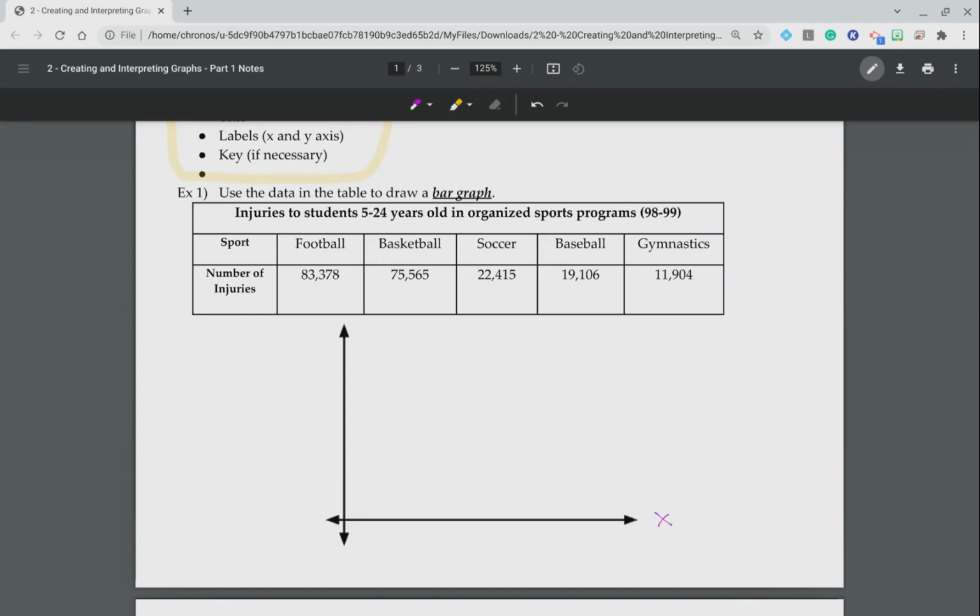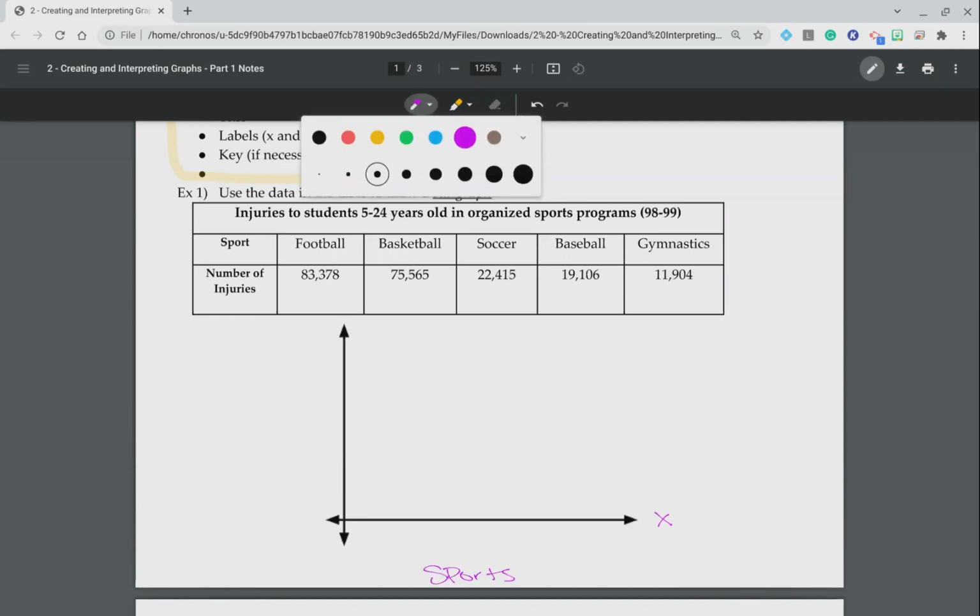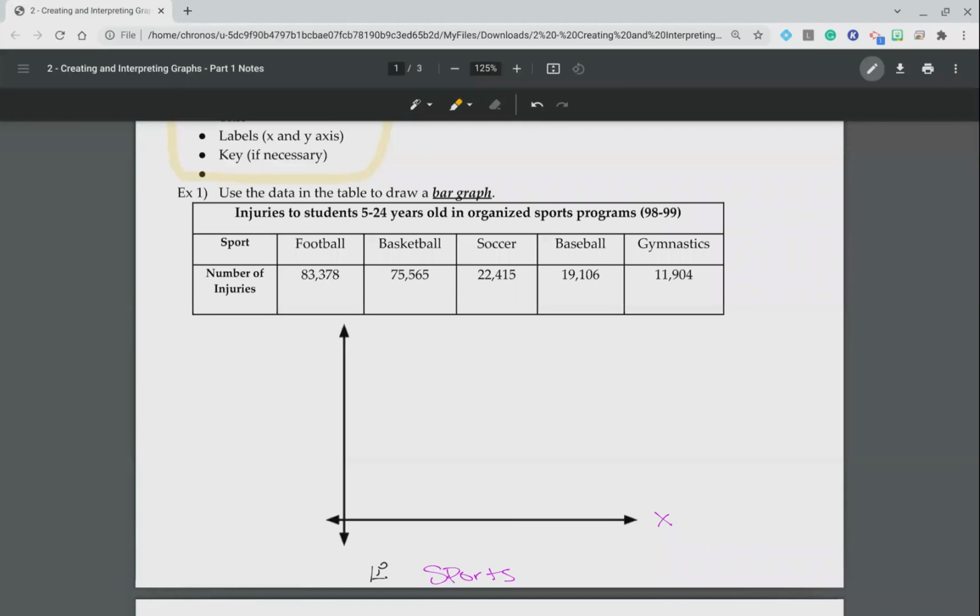So this is my x-axis, and I'm going to use this to put all of my sports. Okay, so there's my label, and you're usually going to write this sideways. I have football, basketball, soccer, baseball, and gymnastics.